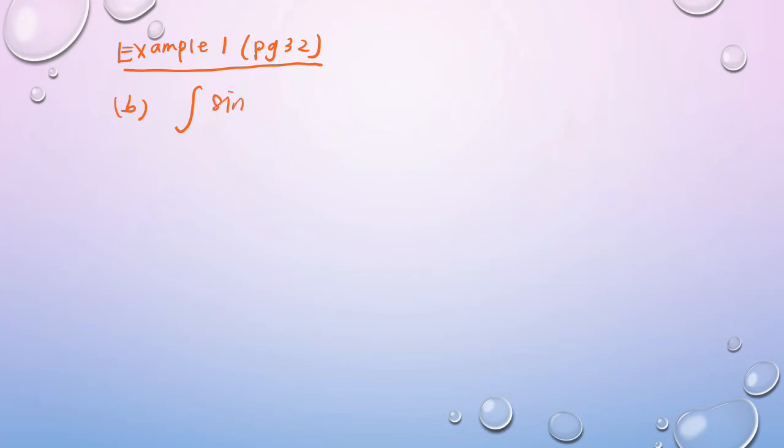The first example will be on page 32 of my manual. Example 1, page 32, part B. So what are we going to do with this example? We will be integrating sine square x with respect to x.